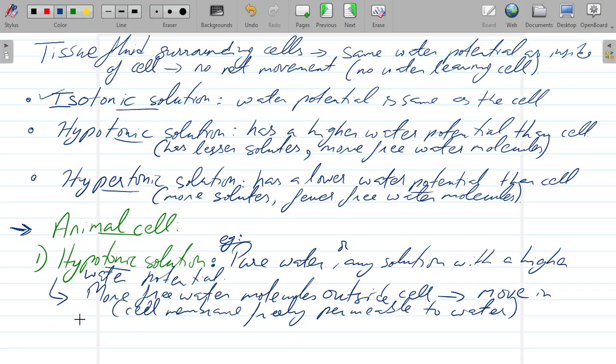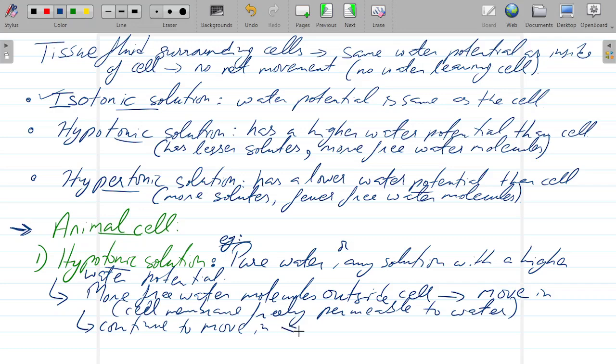And will continue to move in. It's not going to stop, because the only point it will stop is when the water potentials outside and inside the cell are balanced. In this case, if there's a significant difference, the hypotonic solution is much more dilute than what's inside the cell, the water will continue moving and it's not going to stop, right? So it's not going to reach a point where it becomes isotonic.